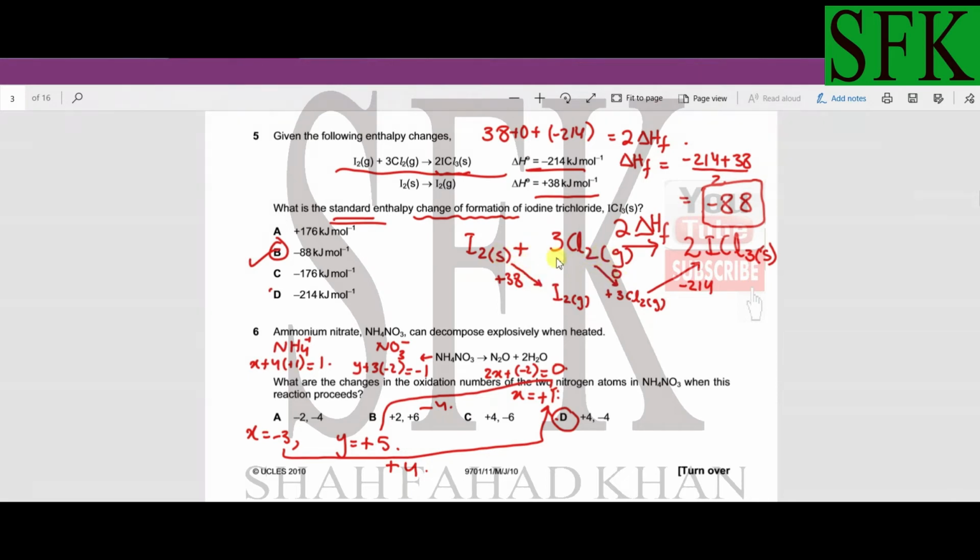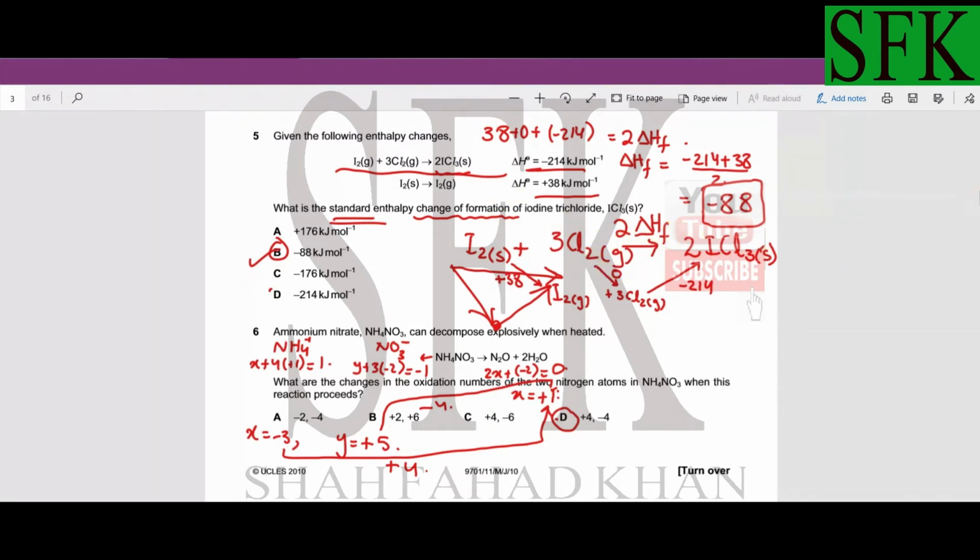Consider these two as the two vectors pointing in the same direction. Add them up to get a resultant vector pointing downwards. And then what about this one? Its tail has been placed on top of it. So these are the two vectors that are added up to give you a third resultant component, and that resultant is twice the enthalpy change of formation. So you can also think of this as vector addition.